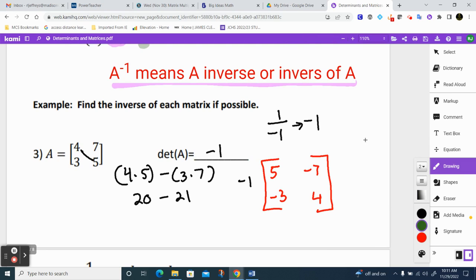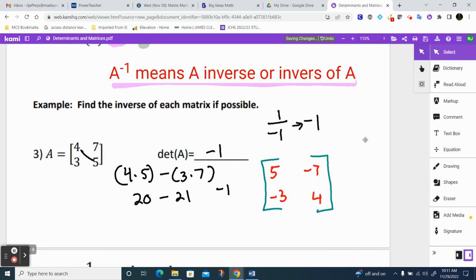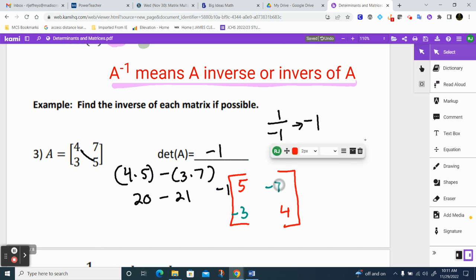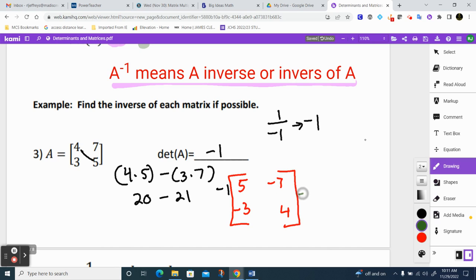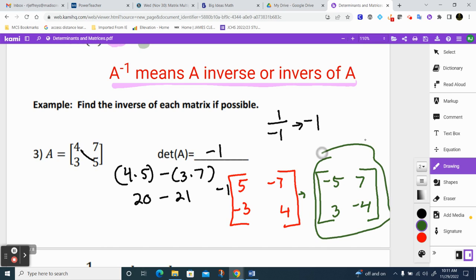Since this is -1, it's the same numbers, just different signs. So -5, 3, 7, -4. And that's it. That's the whole process.